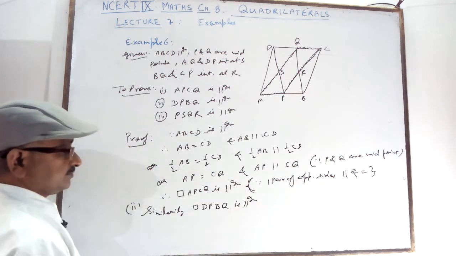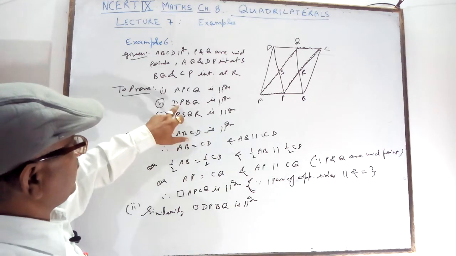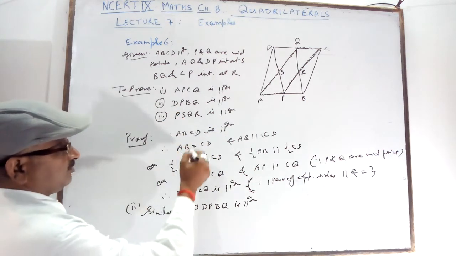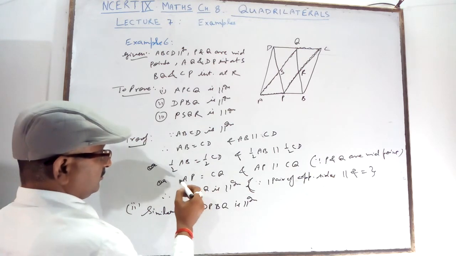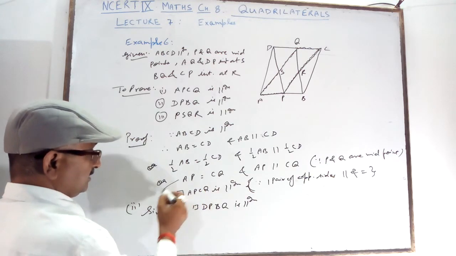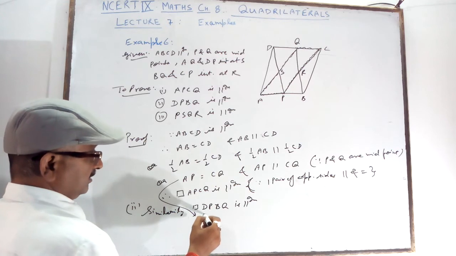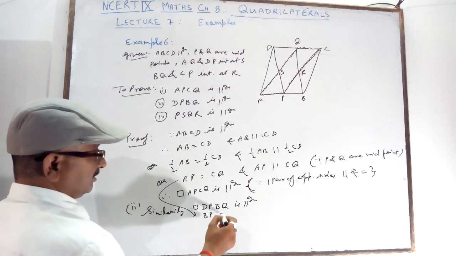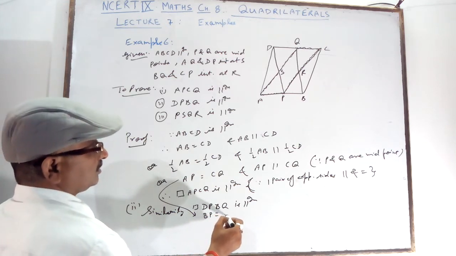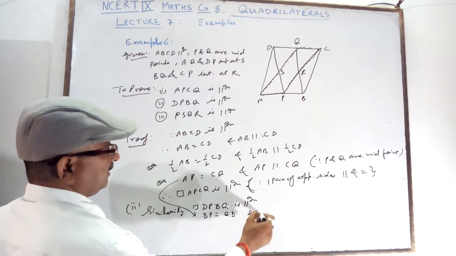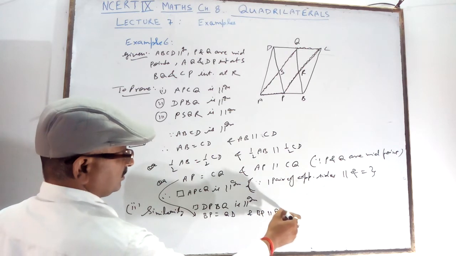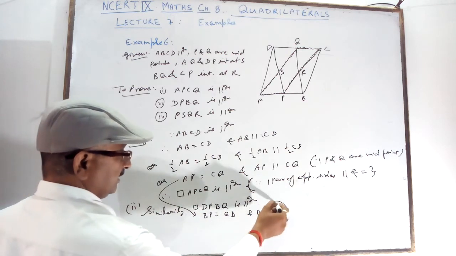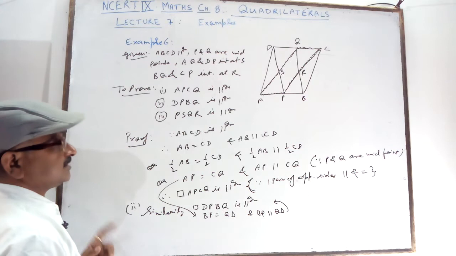Why? Follow exactly the same thing: write AB equal to CD, half AB, half CD. Only this will be replaced. Here DP is equal to QD and BP is parallel to QD, so this will be a parallelogram by the same process.